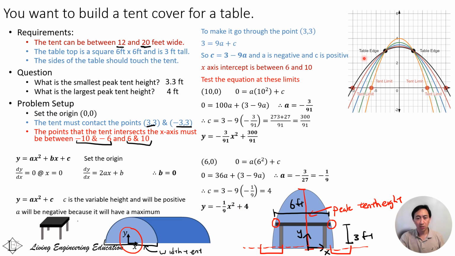So hit pause, try it out, and then I'll show you the equations that I got for these three intermediate intercept points. All right, now I'm going to show it. These are all 5 graphs, or sorry, 5 equations that show these intercept points.